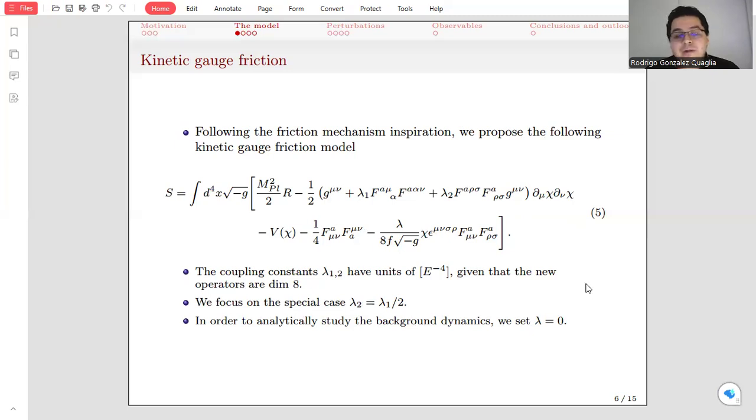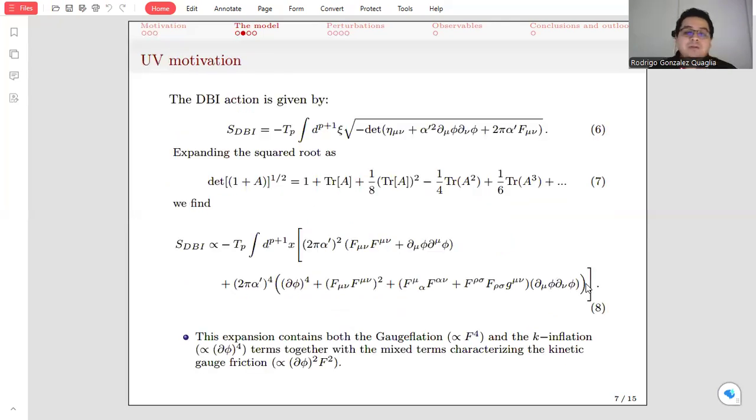And later we will numerically solve the model and compare the case of vanishing Chern-Simons term and non-vanishing Chern-Simons term. But before moving to this, let me give a brief UV motivation for the consideration of such couplings. These motivations come from the consideration of the DBI action, which, expanded at alpha prime squared order, features the kinetic terms for both the scalar field and the gauge fields.